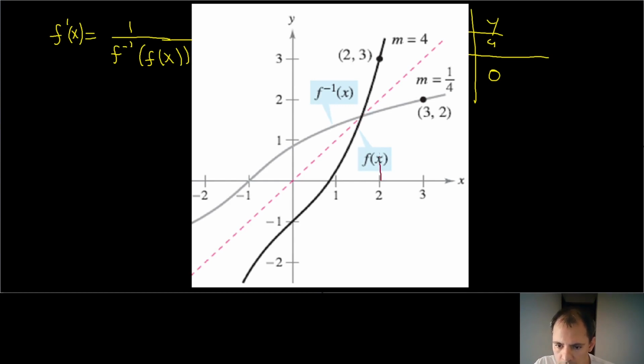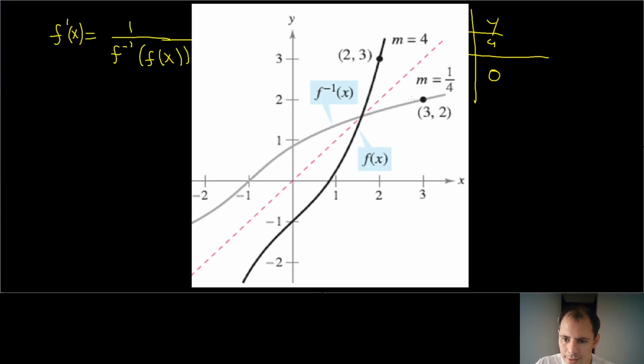So you have a 2 here, and you have a 3 here, that's this point. And you can see that the slope in here, this m is slope, is going to be 4. What's going to be the inverse? The inverse is going to take a 3 as an x and transform it into a 2. So you got it over here.